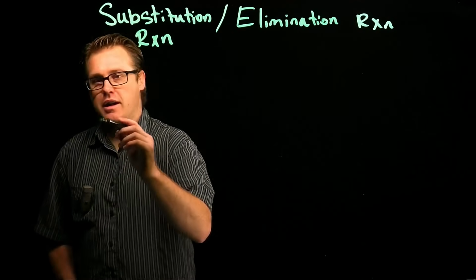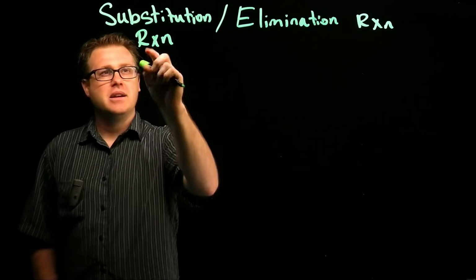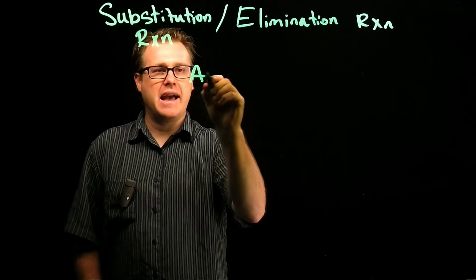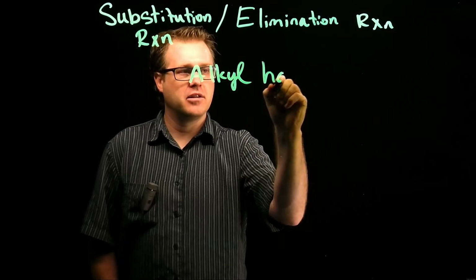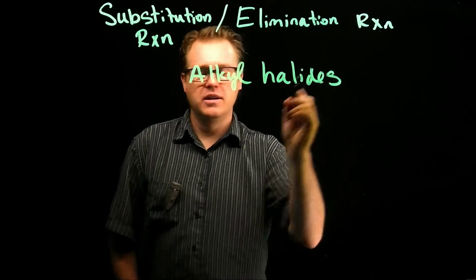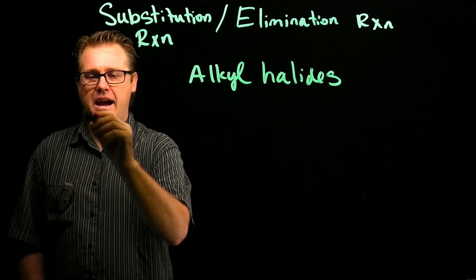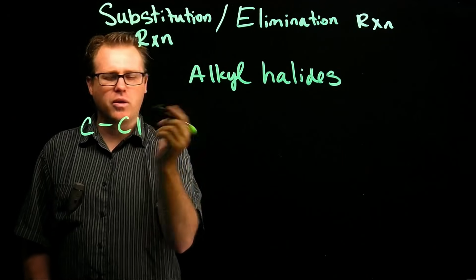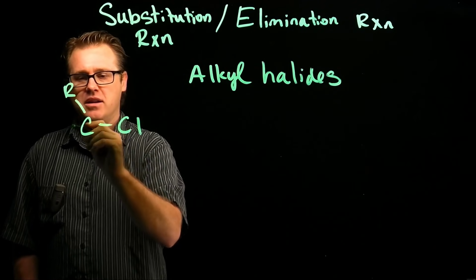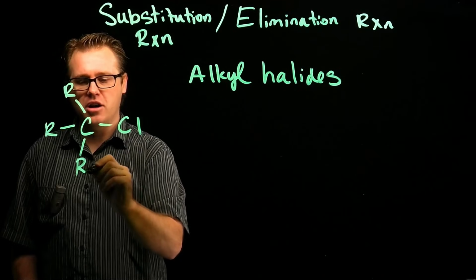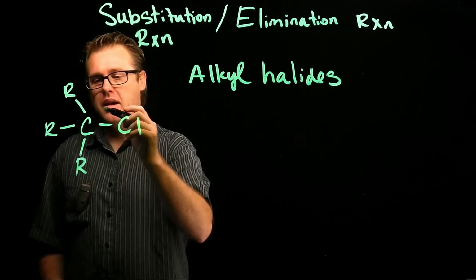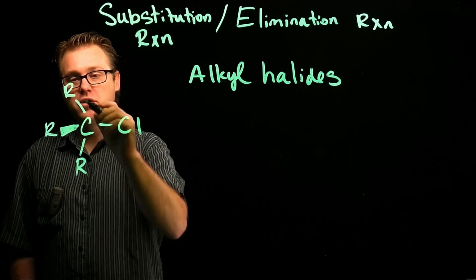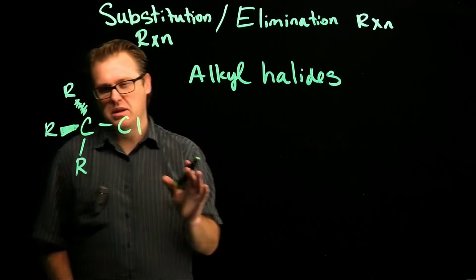So what we're going to learn here is substitution reactions and elimination reactions with alkyl halides. So for example, we could have carbon here, an alkyl halide. Let's put a chlorine, and then we have some R groups here. Now these R groups could be hydrogens, they could be alkyl groups. Doesn't really matter.